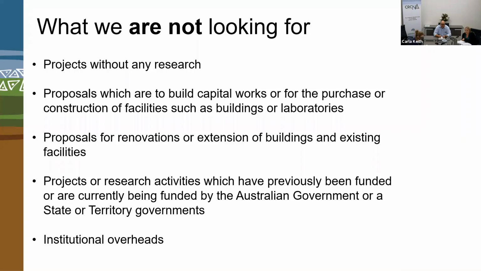Projects of research activities which have previously been funded or are currently being funded by the Australian government or state or territory governments. We really need to be careful that we're not duplicating research. And we also can't cover institutional overheads in those EOIs. So just some things to look at there.